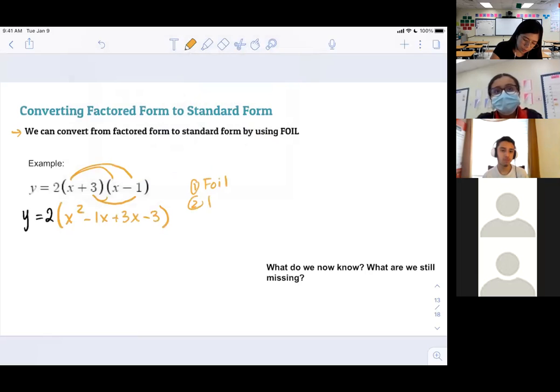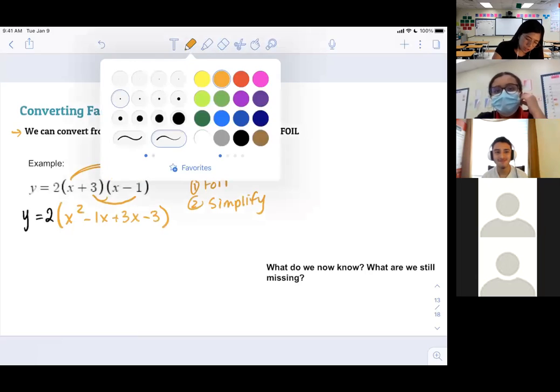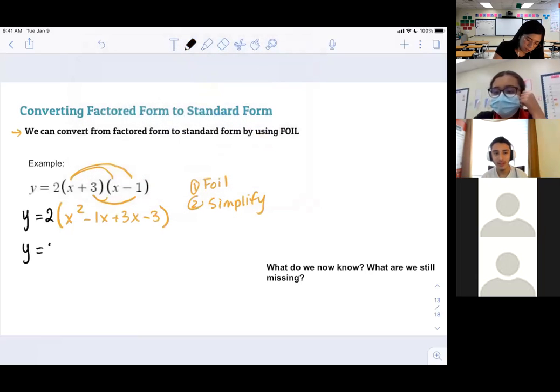Now we can distribute. Well, first we should simplify, I'm sorry. When I simplify, combine like terms, what do I get? You would add like terms, which is negative 1x and 3x.